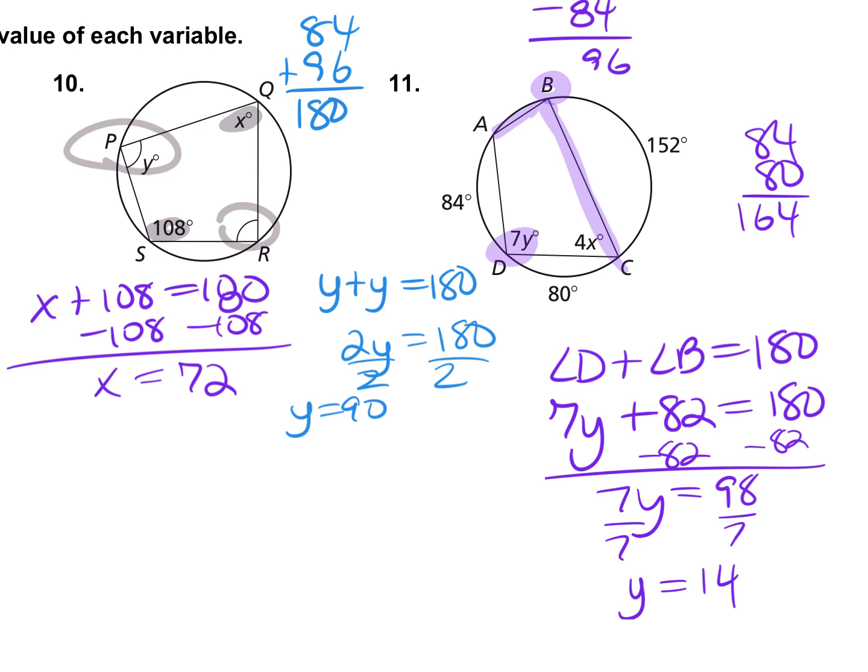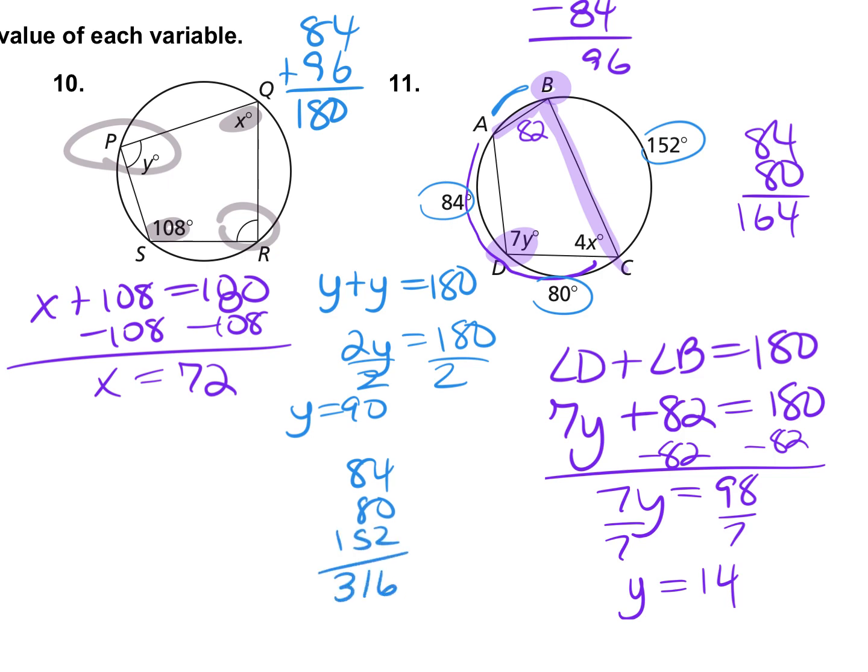The other way that you could do it is you could have found AB's missing arc by adding 84, 80, and 152. Once you add these 3 arcs, you get 316. Then you can subtract that from 360 and get 44.